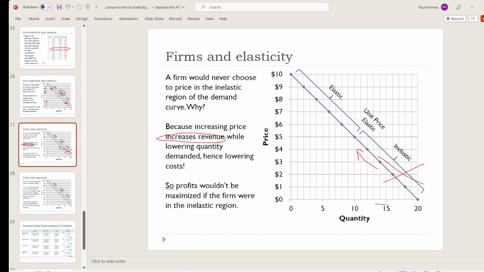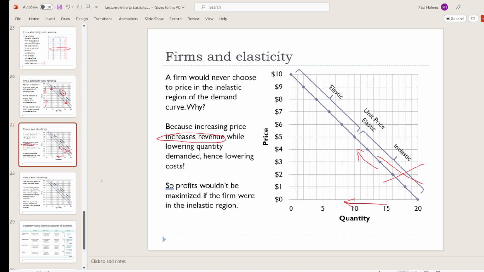But two, we're reducing our quantity, and so that means that we don't have to produce as much. We can make cost savings by not having to produce as much while getting revenue gains from producing less and selling it for a higher price. So we definitely would not be maximizing profits down here in the inelastic region.